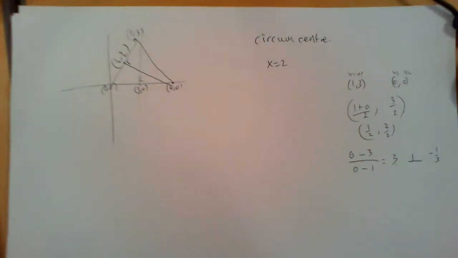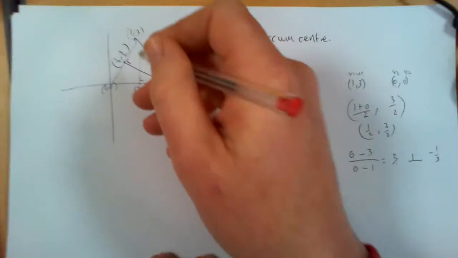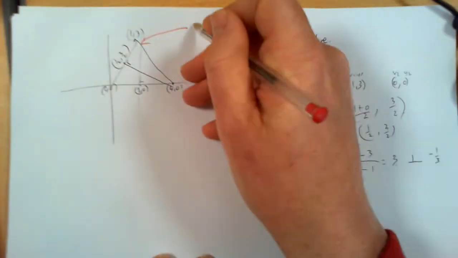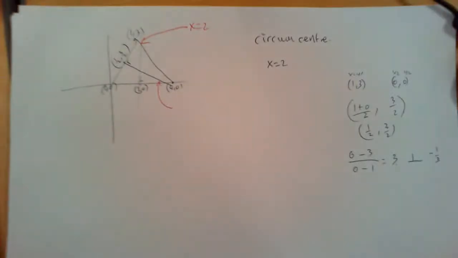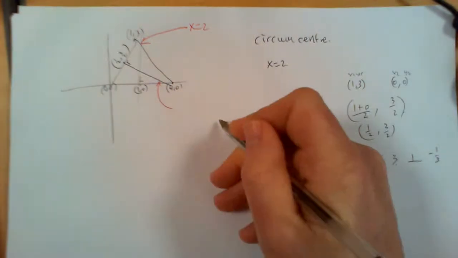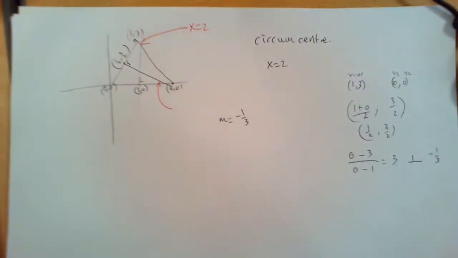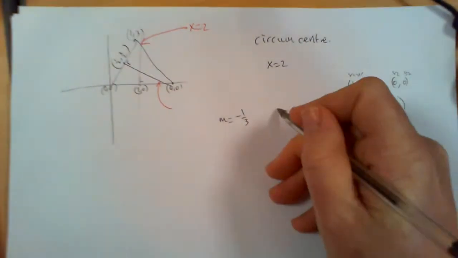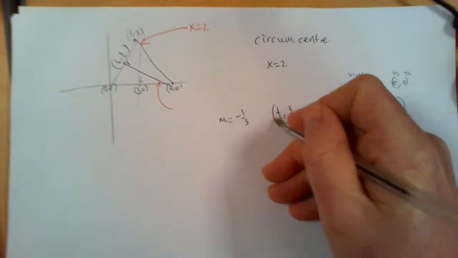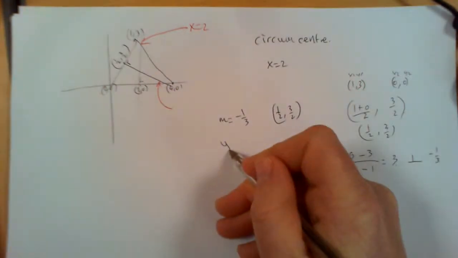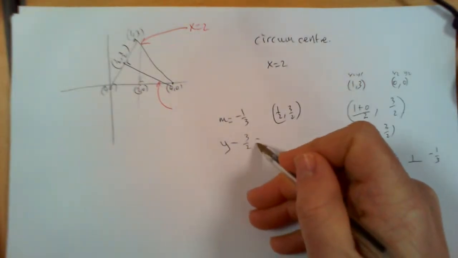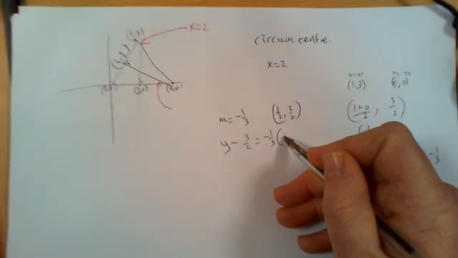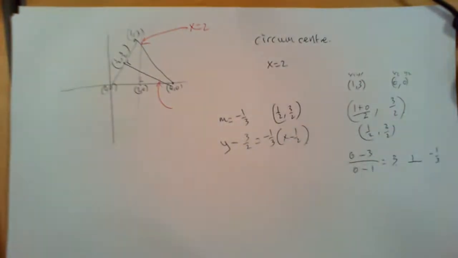I'm going to use a different color here just to show you. This line is x equals 2, and this is the line we're going to get now. We have a slope and we have a point, so y minus y1 is equal to m times x minus x1.